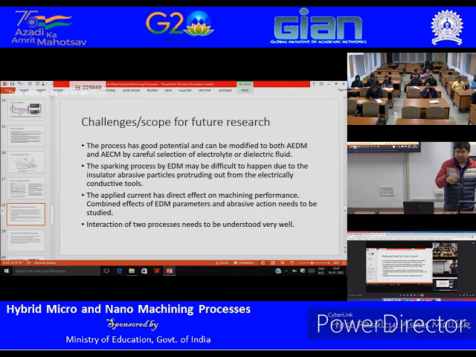So I did some modeling in one of my papers, I think a powder mixed EDM paper from 2009, and we showed that yes, spark gap really increases when you use the powder mixed EDM process, right? But there are so many things I could not show that can be done also. Whatever you are claiming, if you can show that with the equation, then that's a pure contribution in your PhD research.